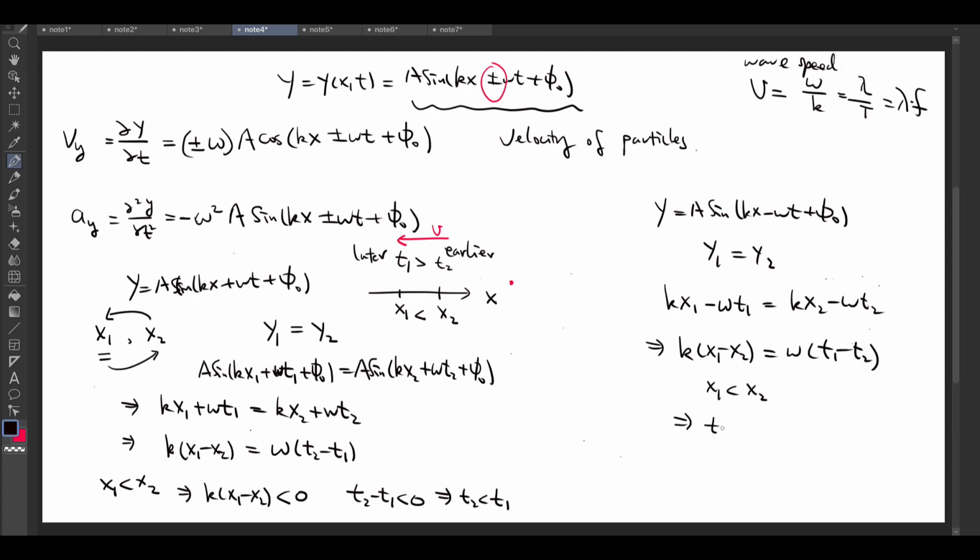Then we must have t1 less than t2, so t1 is the earlier time and t2 is the later time. Now reflect it in the diagram. Let's say that's x, x1, and x2. x1 is less than x2, and t1 is less than t2, so t1 is earlier and t2 is later. That means the wave propagation is from left to right. That's the wave speed direction. All right, so that's the meaning of the plus or minus sign in the wave equation.